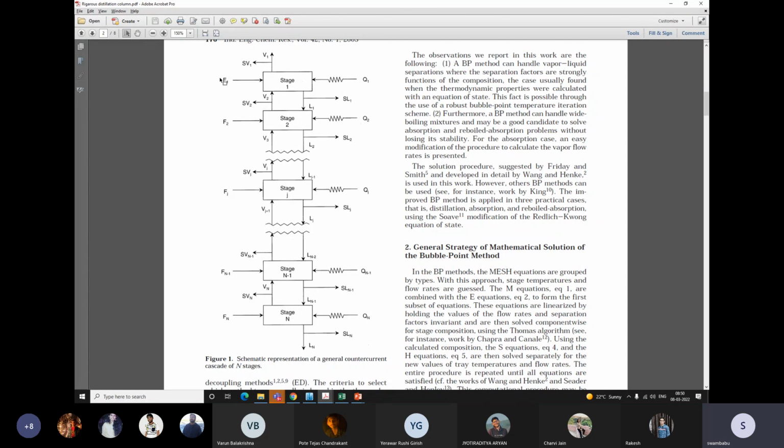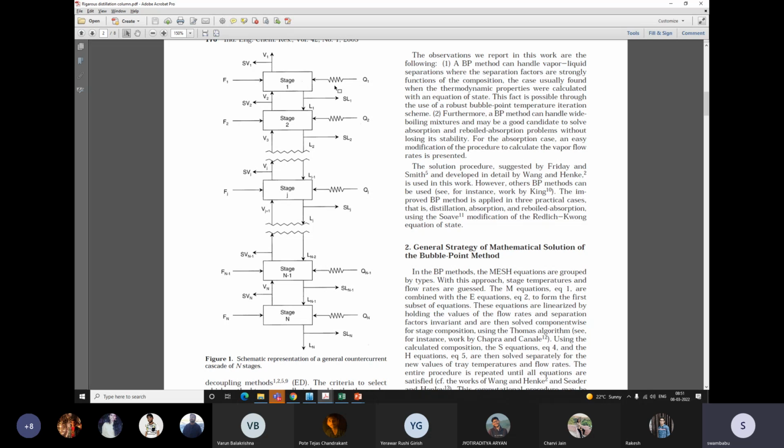Suppose we have multiple feeds F1, F2, Fj, Fn minus 1, and multiple side streams: SL1, the side stream liquid taken, and vapor taken as side stream, SV1, SV2. These are the maximum possible streams they consider.